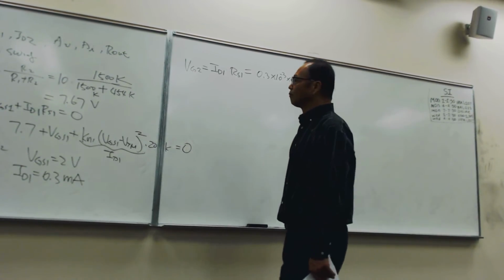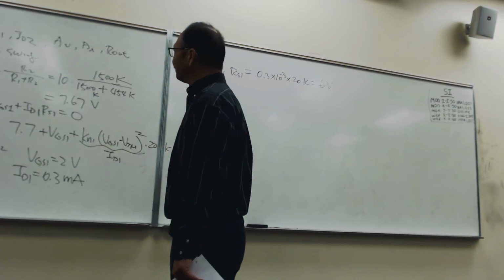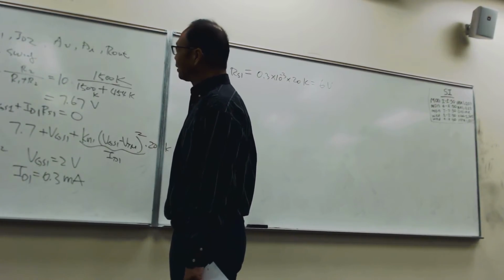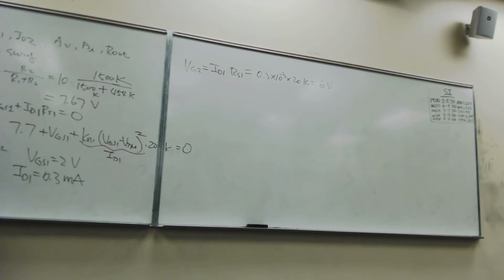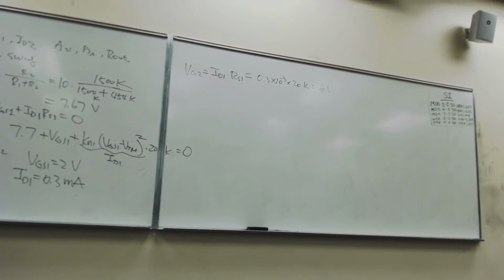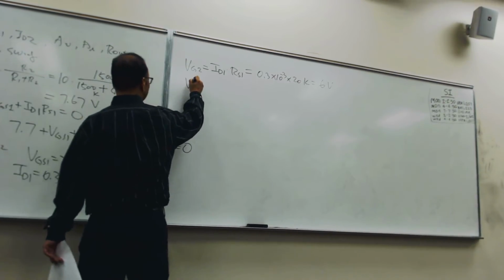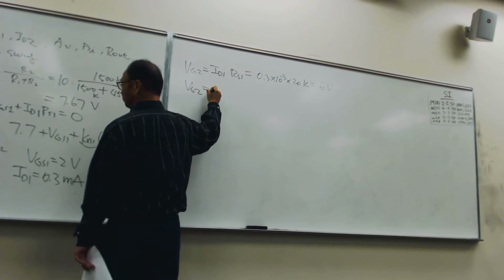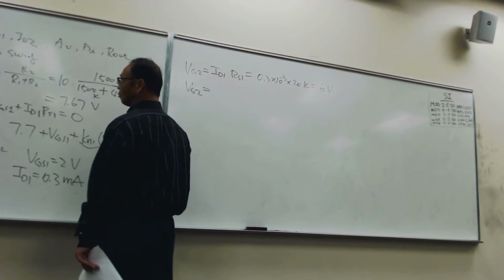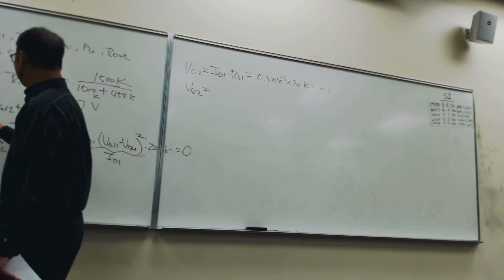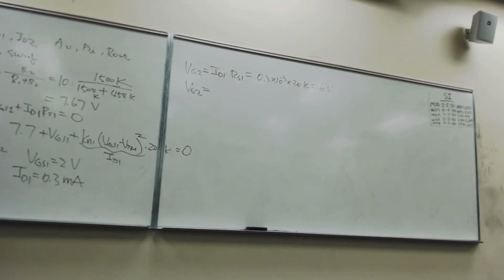Is that my phone or what? Okay. So VG2. Then if you go around the loop here, this loop, VG2 is equal to... am I making a mistake here? Yeah, this should be minus, because we go around the loop.